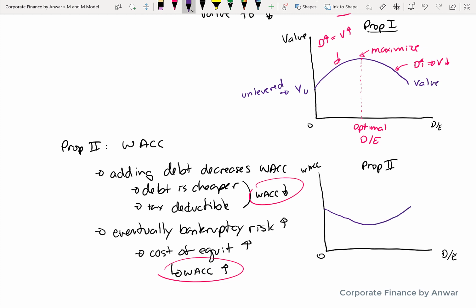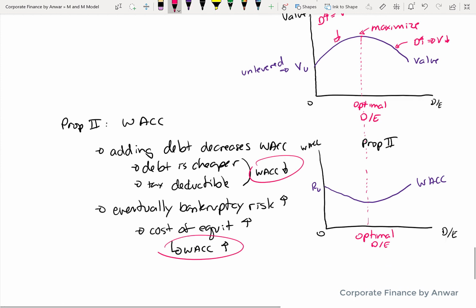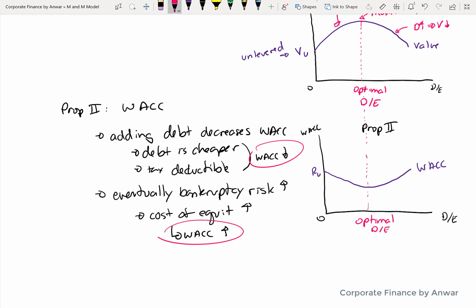So the chart is sort of an inverse. When you start with no debt, your cost of capital is your cost of unlevered equity because you have no debt. As you add debt, you continue to lower your cost of capital, which is the first portion that we talked about, until you hit your optimal debt to equity ratio and some bankruptcy concerns start to pop up.